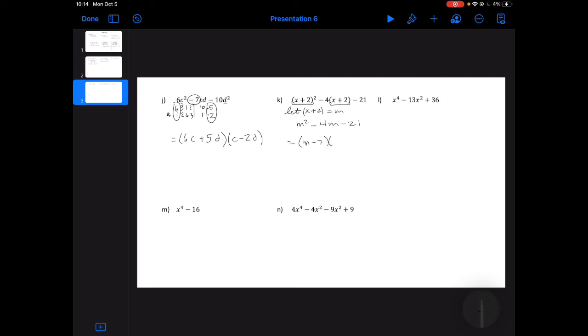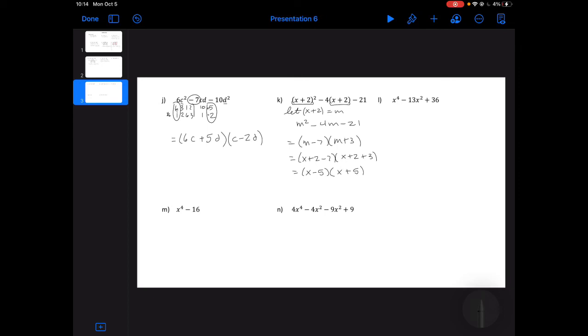These two numbers are -7 and +3. But my question was in terms of x, so now I'm going to put my x plus 2 back in to my brackets at the end, and this is going to simplify to x minus 5 and x plus 5.